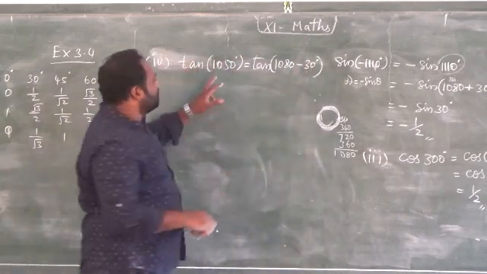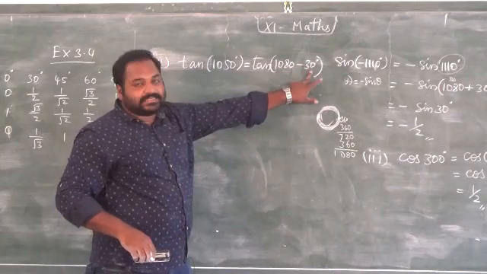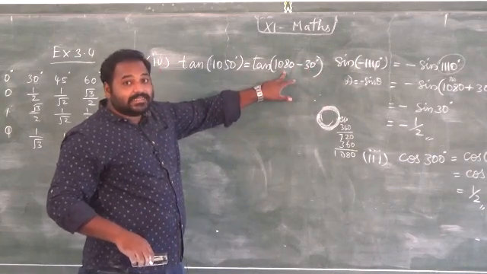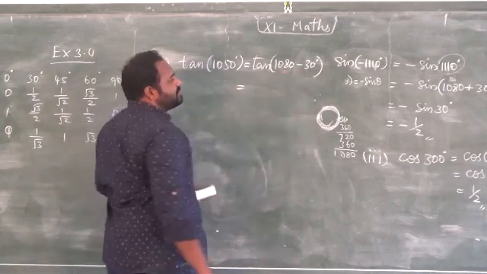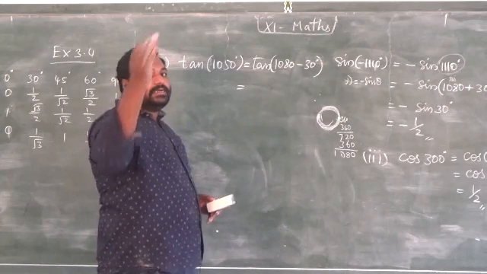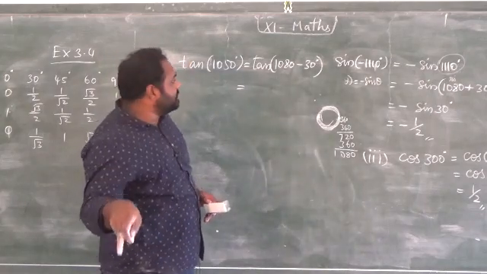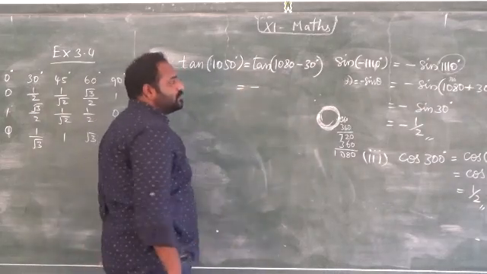So 1050 can be written as 1080 minus 30. This 1080 is also considered as 360. Now, 360 minus 30 will be in which quadrant? Fourth quadrant. 360 minus means it is the fourth quadrant. So in the fourth quadrant, tan is negative.